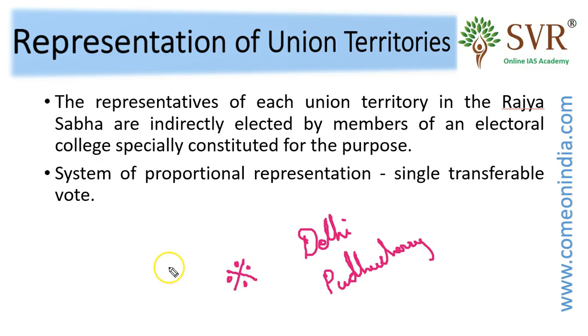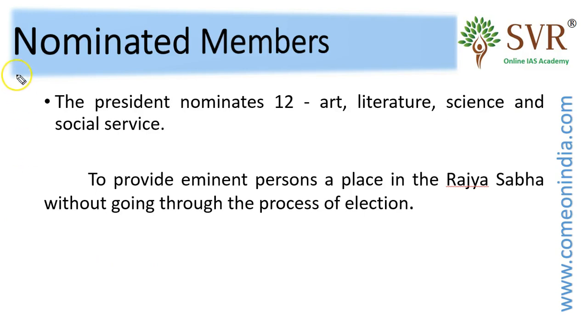The next way by which the Rajya Sabha seats can be filled is by the nomination method. The Constitution of India has provided certain provisions under which members can be nominated to the Rajya Sabha. Accordingly, the President of India has the provision to nominate up to 12 members to the Rajya Sabha who are eminent persons or persons with special knowledge in the fields of art, literature, science and social service.